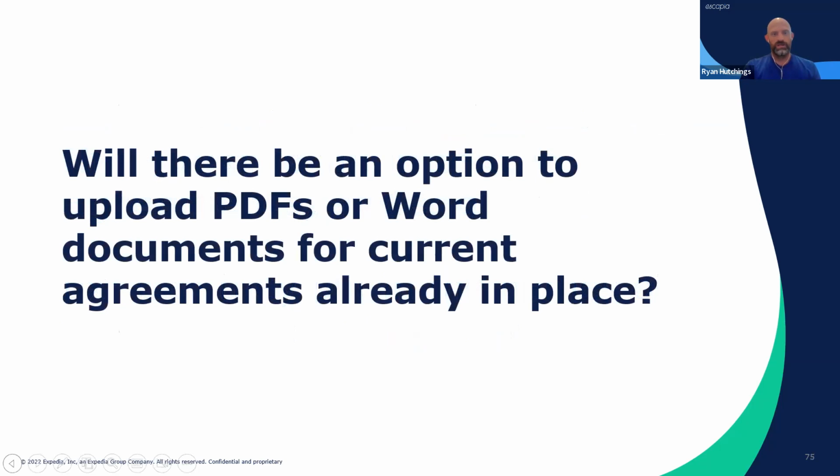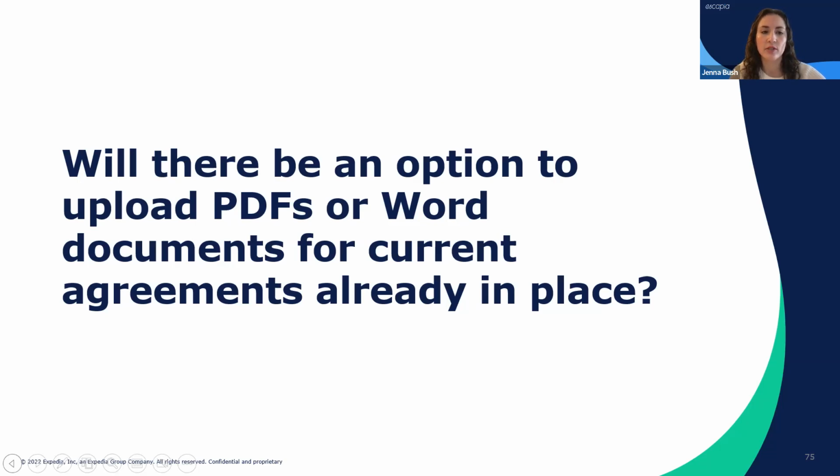Will there be an option to upload PDFs or Word documents for current agreements that are already in place? This is a really good question. We know you don't want to have to do duplicate work if you've already created your template somewhere else. You will be able to copy and paste the content of an existing rental agreement or addendum into the Signatures platform template editor.